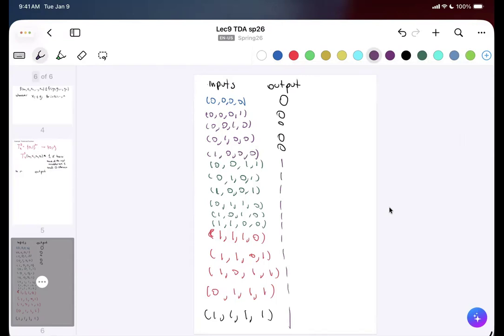Which again is another nice consequence of the ordering of putting it in this way.